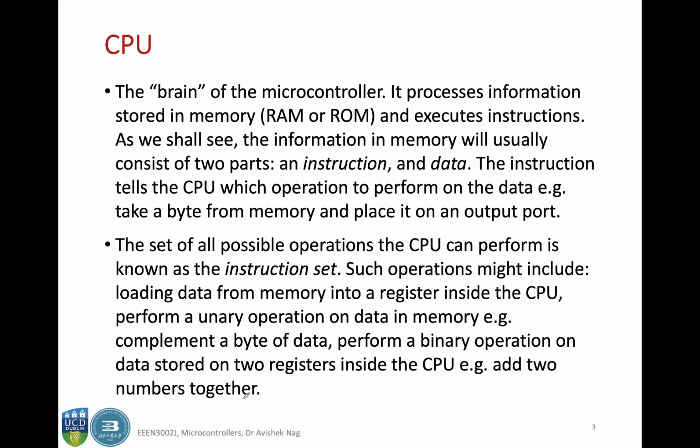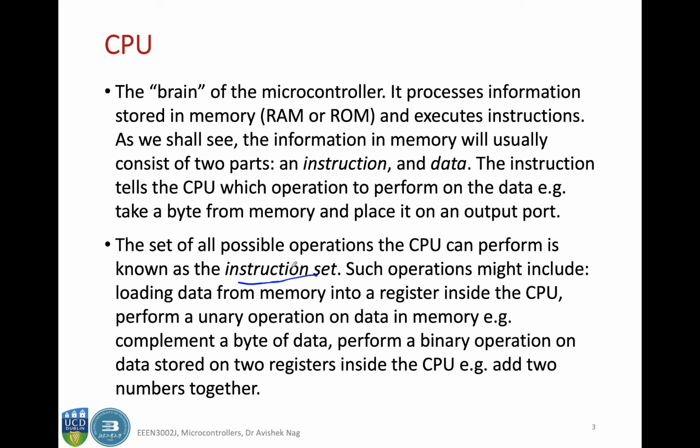So there will be some instruction that tells the CPU to perform this and perform that, and then there will be some data where this instruction will be performed on. And then the set of all the possible operations of the CPU can together be called an instruction set.